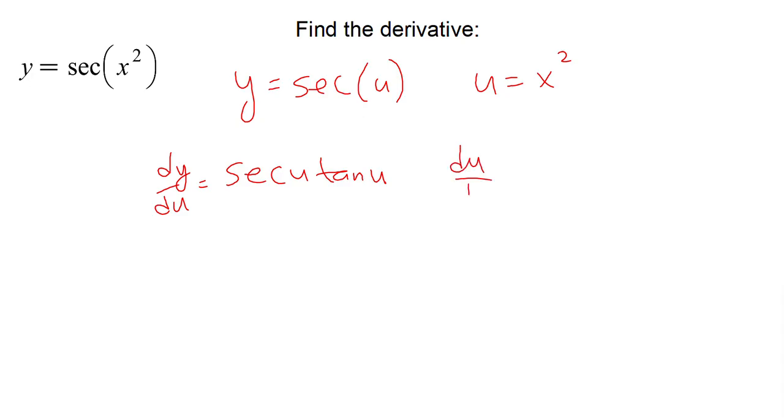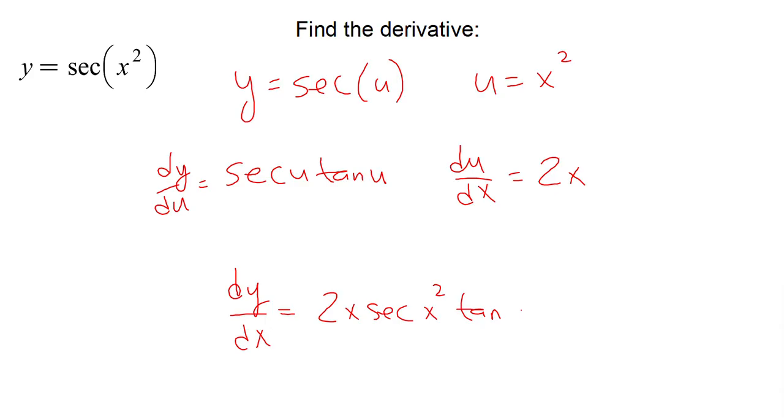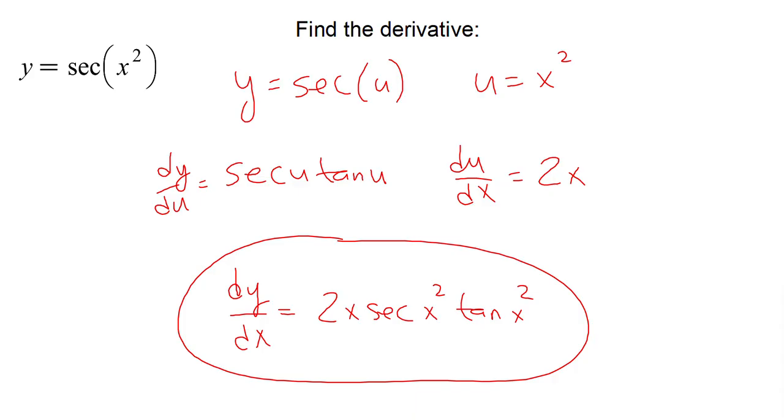And then our derivative of u is just going to be 2x. So as we multiply these together, we'll get dy/dx is equal to 2x secant u, or secant x squared, tangent u, or tangent x squared. And that should be our final answer there for number 4.